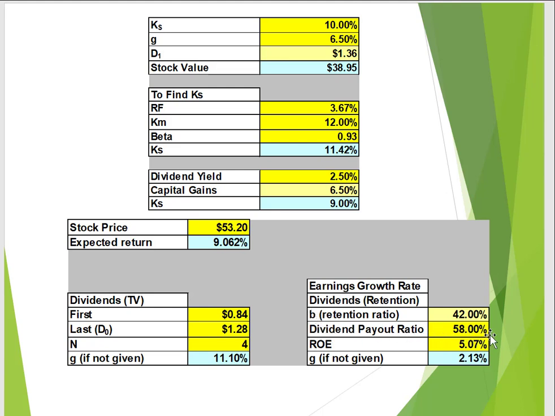The dividend payout ratio is 58%, and we have the return on equity as 5.07. And I got that from my financial data on the company. That means the retention ratio is 42%, and the growth rate is 2.13%. Now, we obviously have 2 different answers because there are 2 different theories at work here.